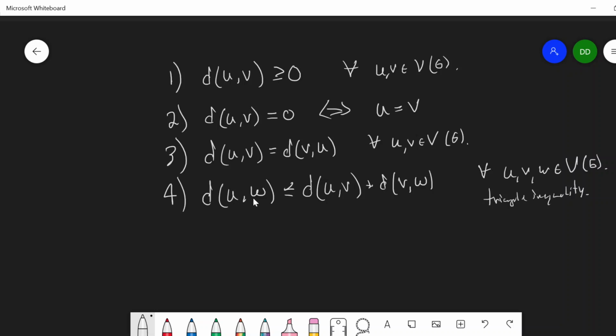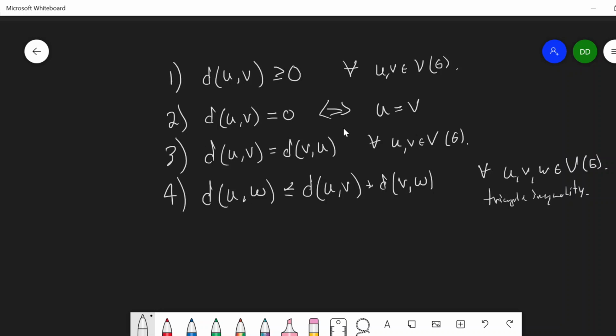So I look at a UW geodesic, and I want to say that that length is less than or equal to the sum of the distance between U and V and V and W. Well, if I take a UV geodesic and a VW geodesic, and I stick those two paths together, I concatenate them, then what I'll obtain is a path between U and W. It might not be a UW geodesic just because UV was and VW was, but it's certainly a path from U to W. So the distance from U to W, it being the shortest UW path, has to be less than or equal to what I just did there to get my UW path. And so certainly this triangle inequality holds.